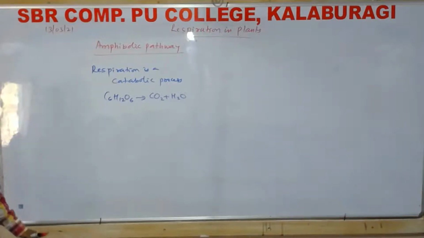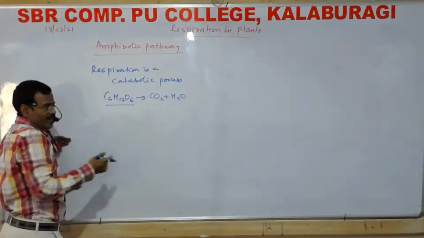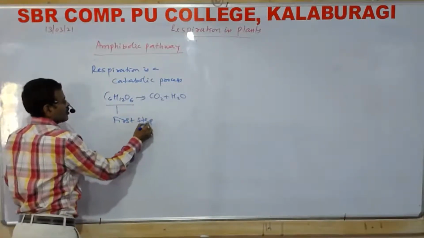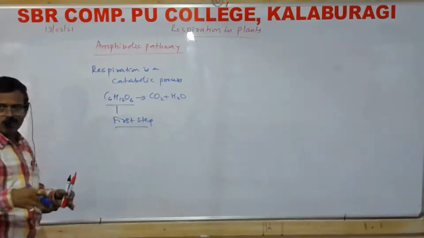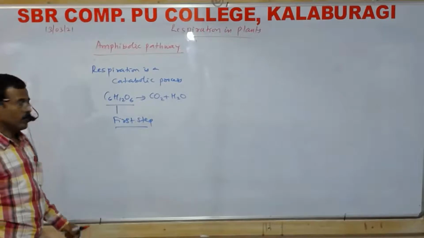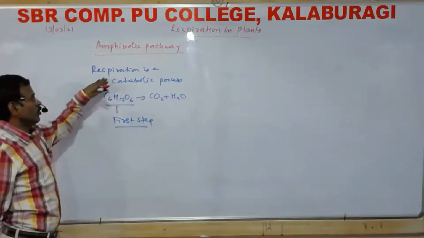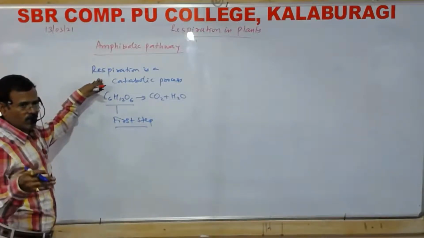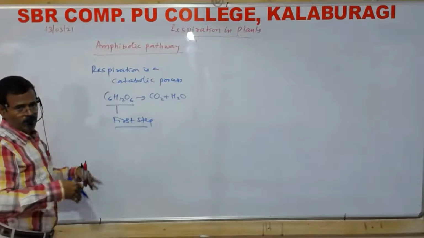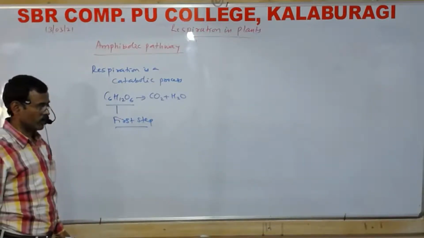When this glucose is used, it enters the respiration from the first step, that is from glycolysis, glucose 6-phosphate, fructose 6-phosphate, like that. So this complex sugar is broken down into simple sugar. That simple sugar can enter right from the first step of the respiration, that is glycolysis.